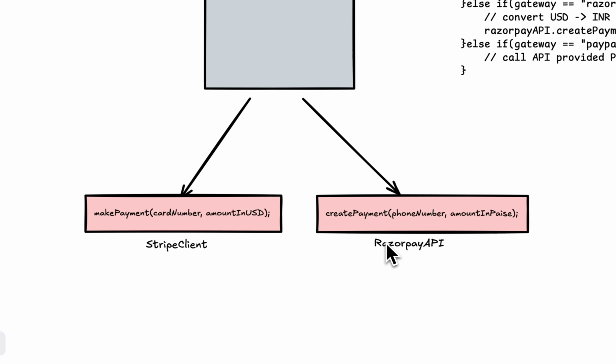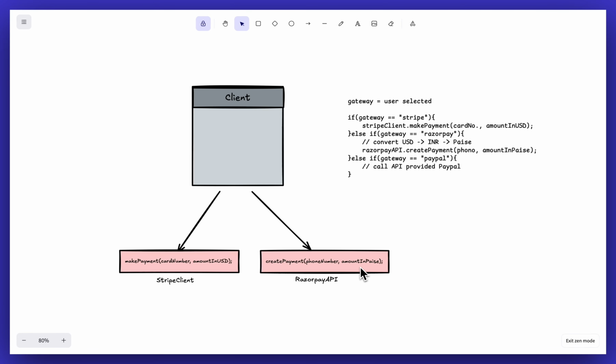Similarly, Razorpay has provided you an API which has the name create payment, and you will pass the phone number and the amount in paise. Point to note over here is the amount is in paise, and also the name is different, right?